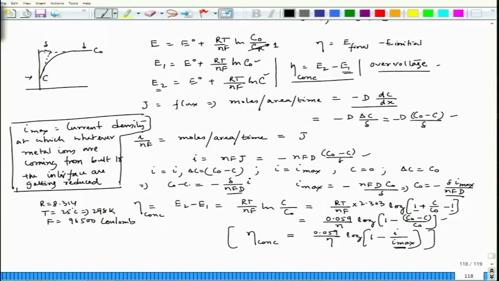So, that means my interface concentration should be 0 when I reaches I max. So, this is another equation.